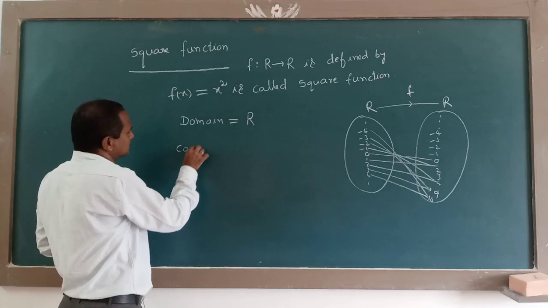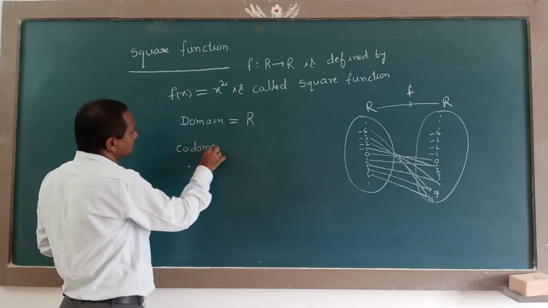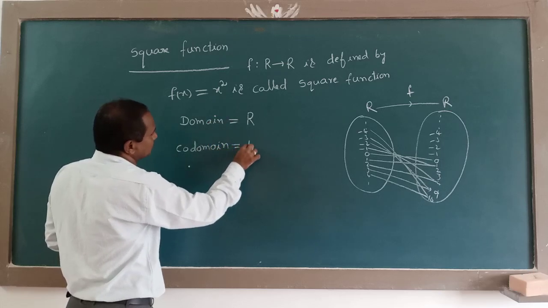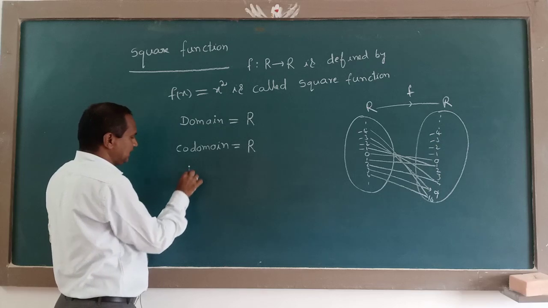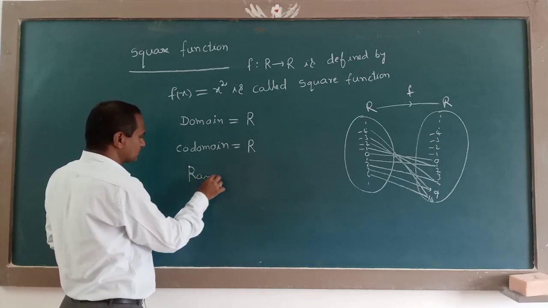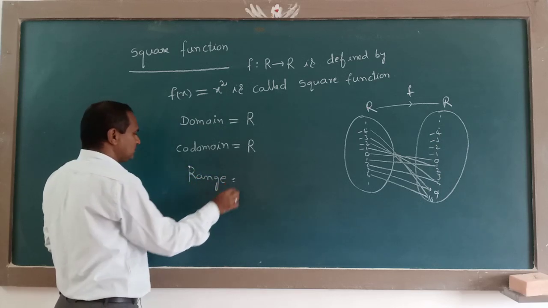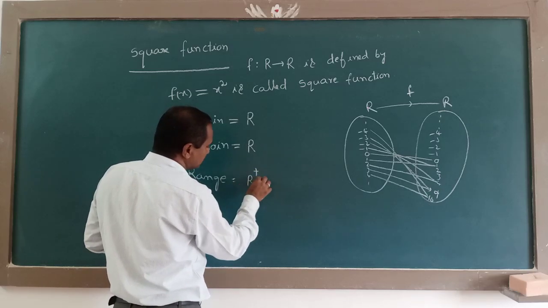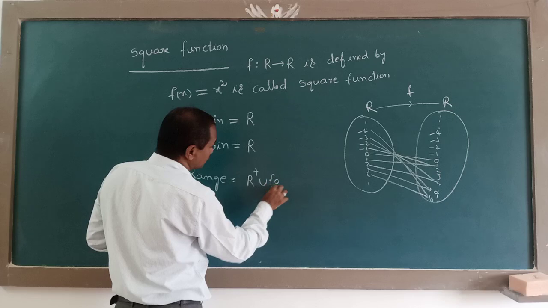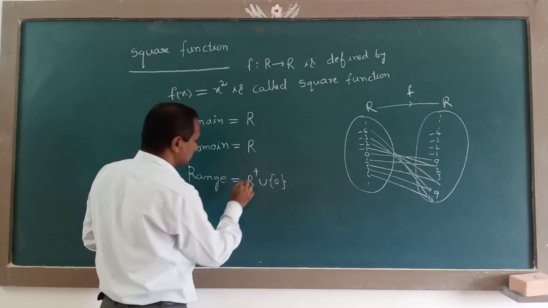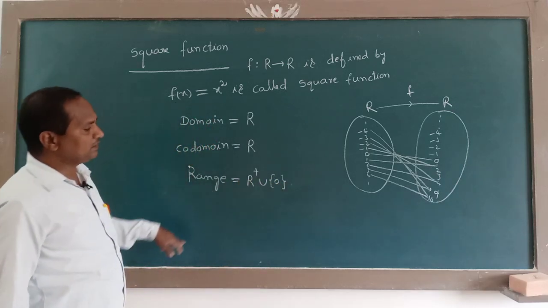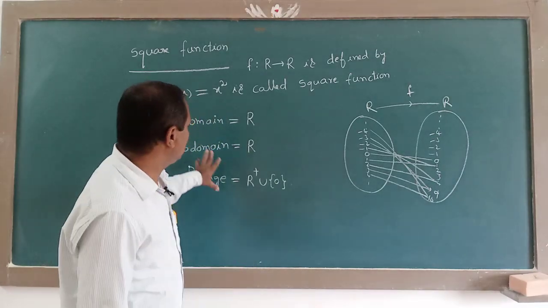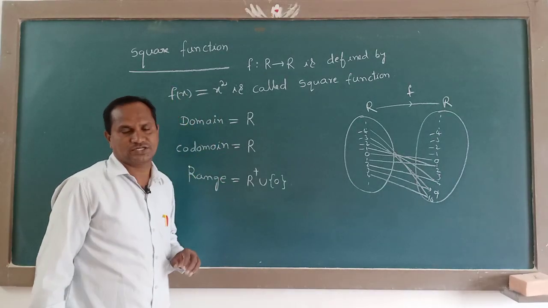Codomain of the square function is equal to R. Range is equal to the set of all R plus union 0, that is, the set of all positive real numbers and 0. This is the domain, codomain and range.